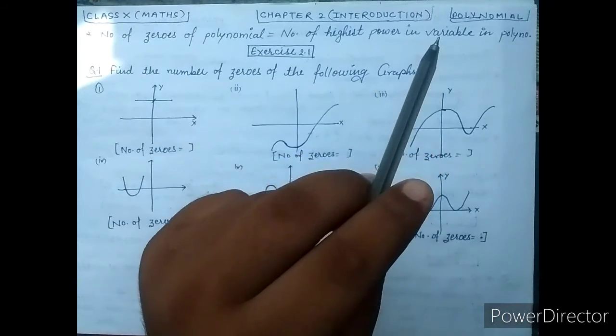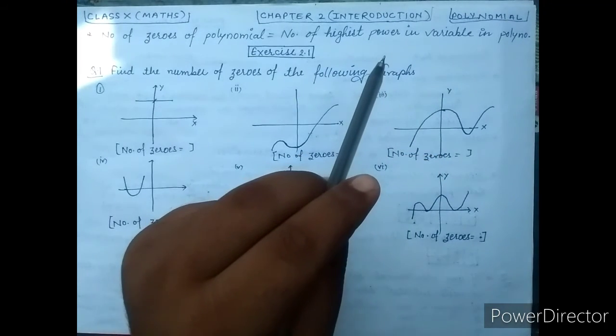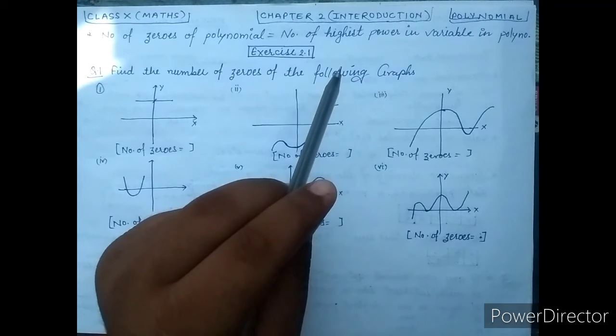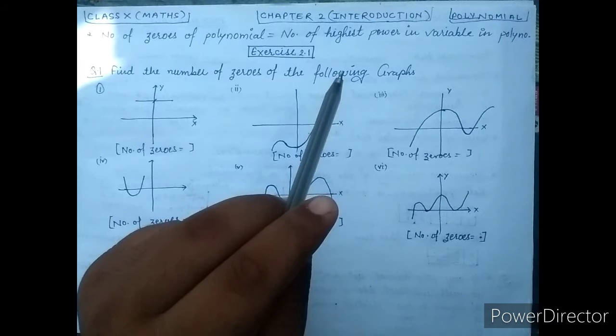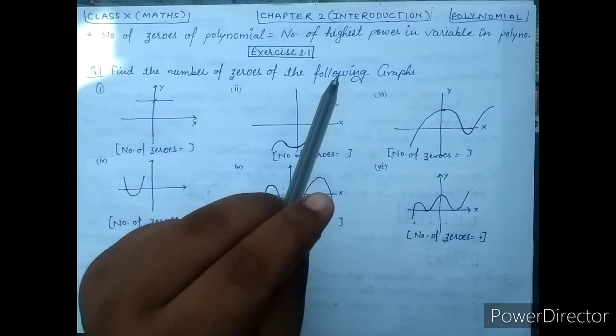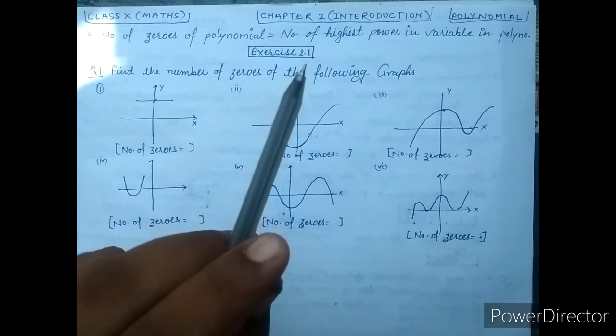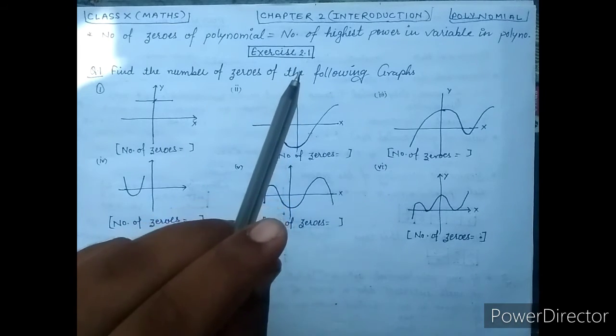Means किसी polynomial में वेरिएबल पर जितनी हाईएस्ट पावर होती है उतने ही उसके नंबर ऑफ जीरोस होते हैं. Okay, suppose highest power is 3, then the zeros or roots will be 3.